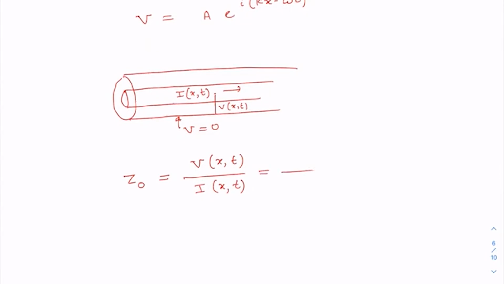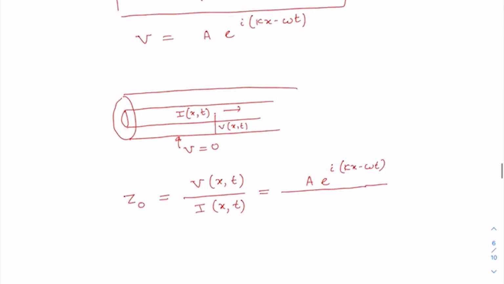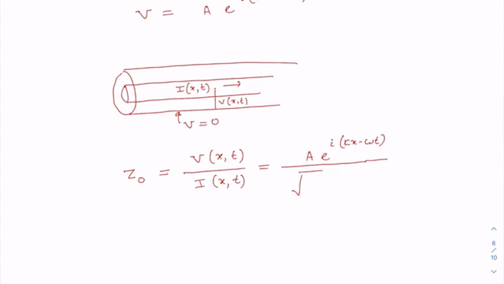So V of x,t is A e to the power i(kx minus omega t), and the current expression we already know, that is square root of small c by small l, A e to the power i(kx minus omega t).